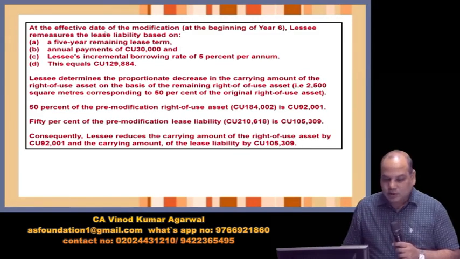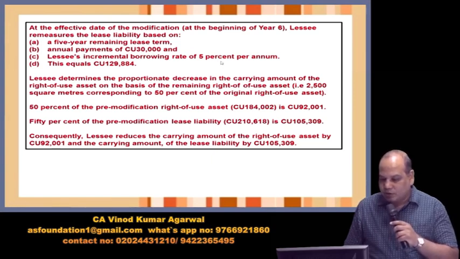So at the effective date of modification, that is at the beginning of year 6, the lessee remeasures the lease liability based on how many years are remaining? 5 years. What is the lease payment now? 30,000 rupees per annum. What is the revised discount rate? 5%.